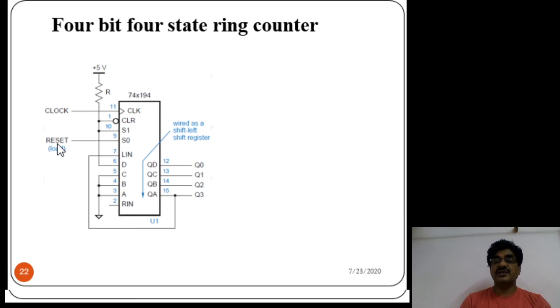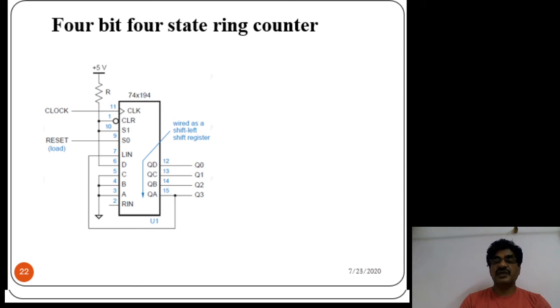First of all, you need to load one of the ring counter states into the register, so we maintain this terminal as reset. Out of QA, QB, QC, QD, QA is the MSB bit. That MSB bit is fed back as the left-in bit. When the data is moved towards the left, the LSB position becomes vacant and is filled by the left-in bit.